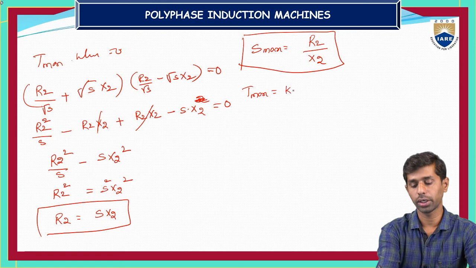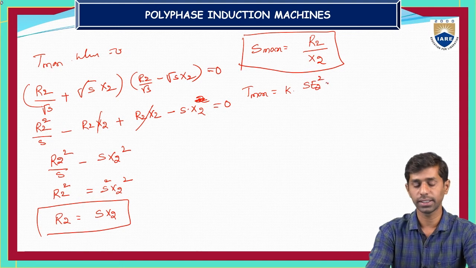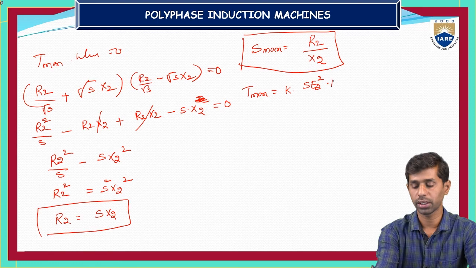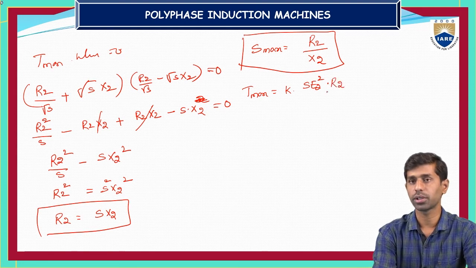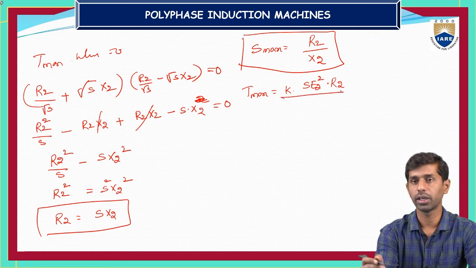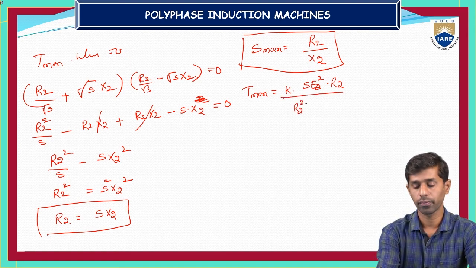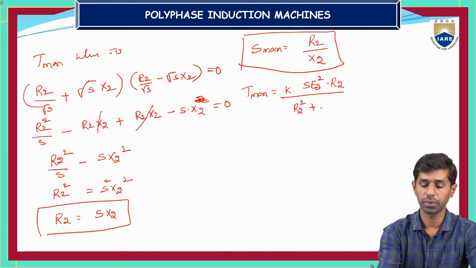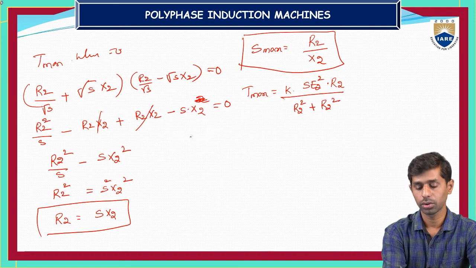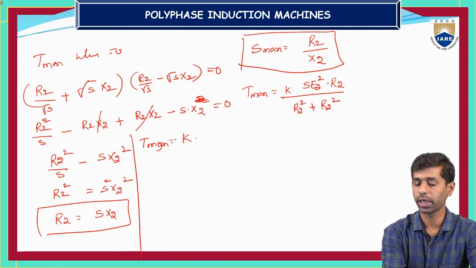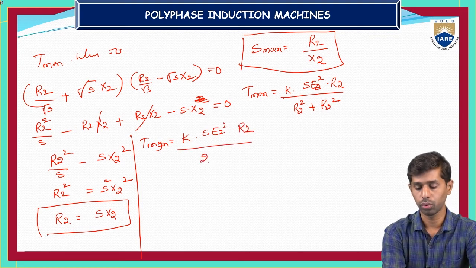We have K into S times E2 square into R2 by R2 square plus S square X2 square. Replacing S X2 by R2, T maximum equals K times S E2 square into R2 by 2R2 square.